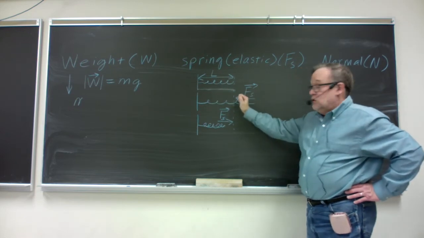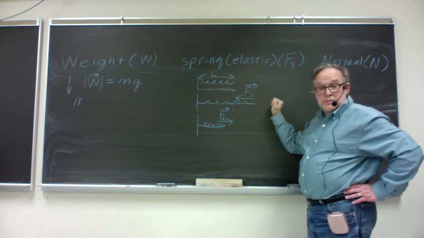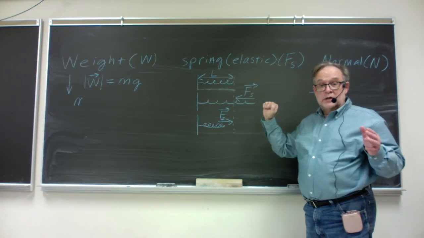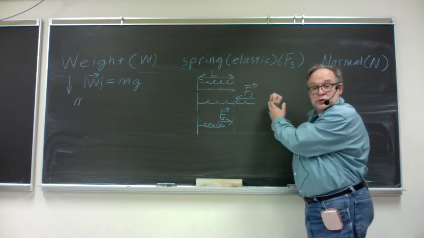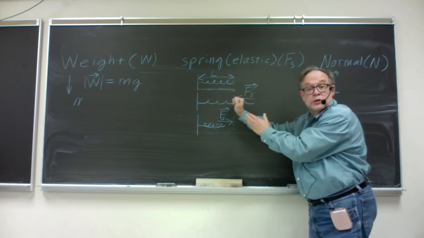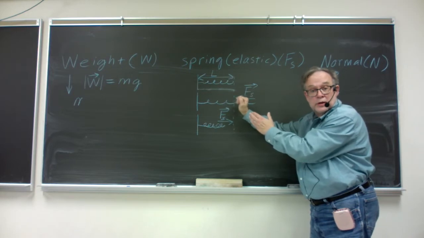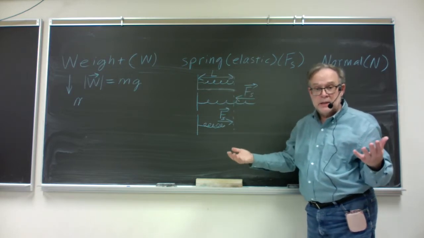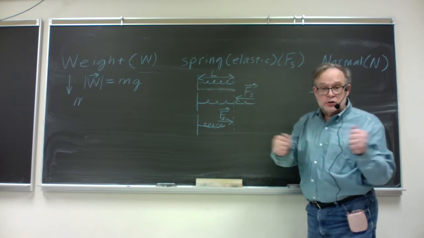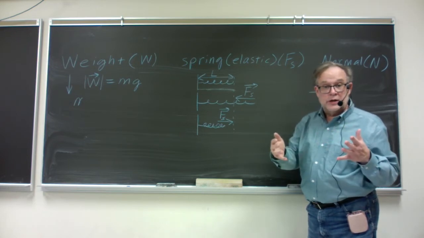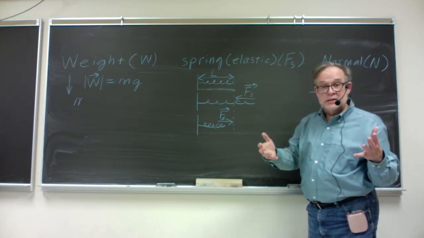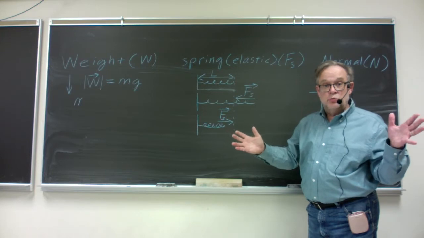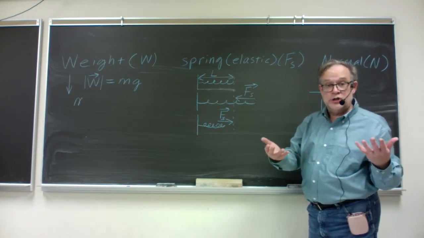And then you pull on it, you stretch it, and being an elastic object, it's going to try to snap back to its original shorter length. That's what elastic means. If you stretch it or squeeze it or distort it in any way, because it is elastic, it tries to return to its original shape.